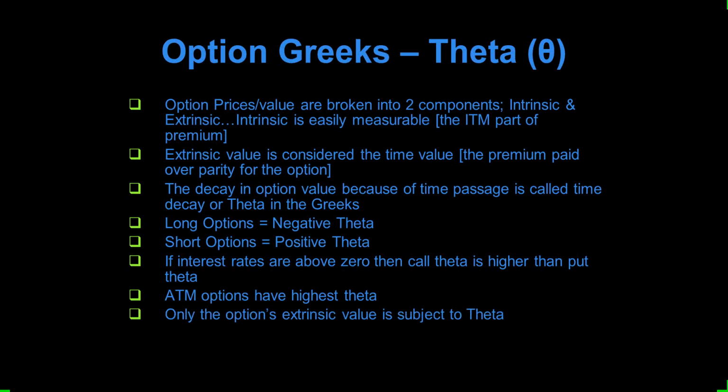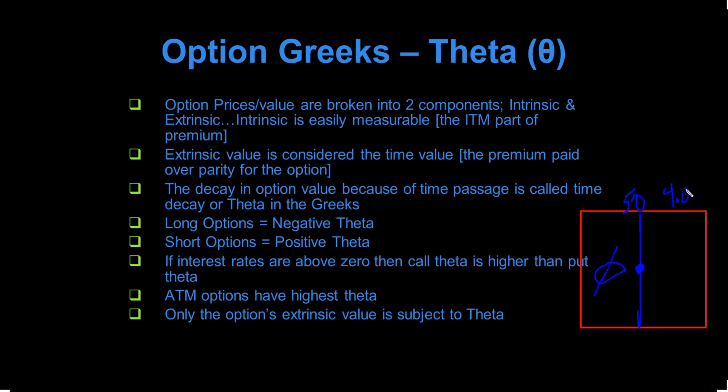At the money options have the highest theta. Why is that? Well, think about it. If you're at the money, here's the strike price right there. That's at the money. That's 50 right there. All right, and I'm sitting right there. That means all of my value that I pay for that, there is zero in the money. It's all out of the money, and I pay $4 for that.